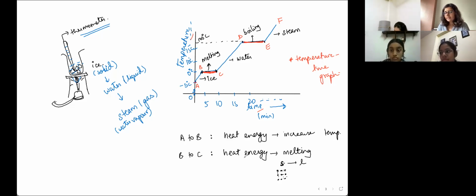So whatever heat energy you're supplying, ये bonds को break करने में use हो रहा है. That is what is melting. इसलिए because you're using up all the energy to break the intermolecular forces of attraction, you don't find any increase in temperature. Temperature increase करने के लिए और कोई energy बचा नहीं है. That is why the temperature is constant during this time.